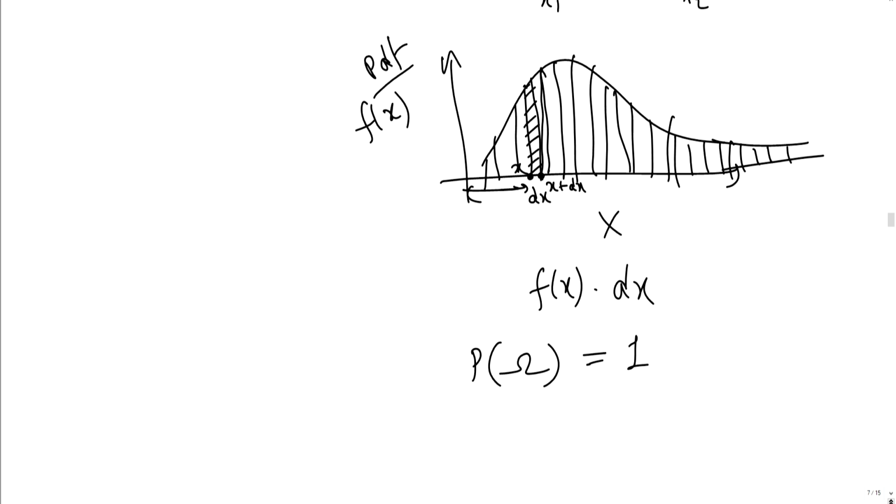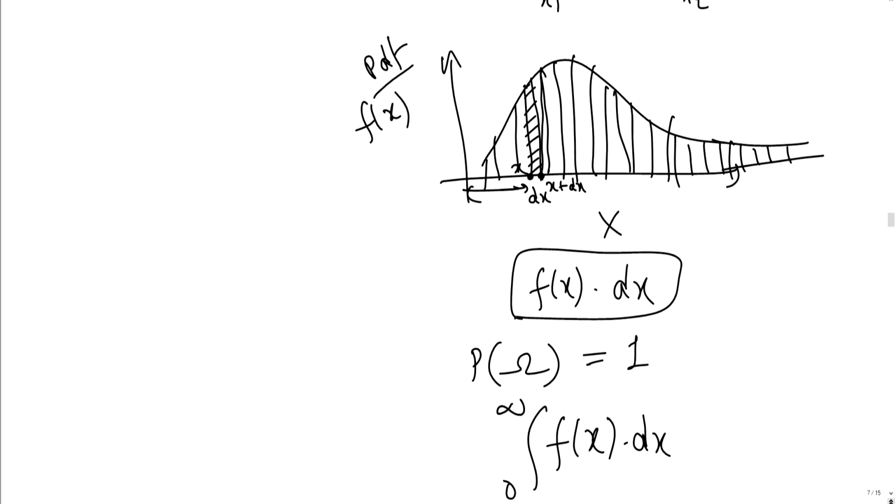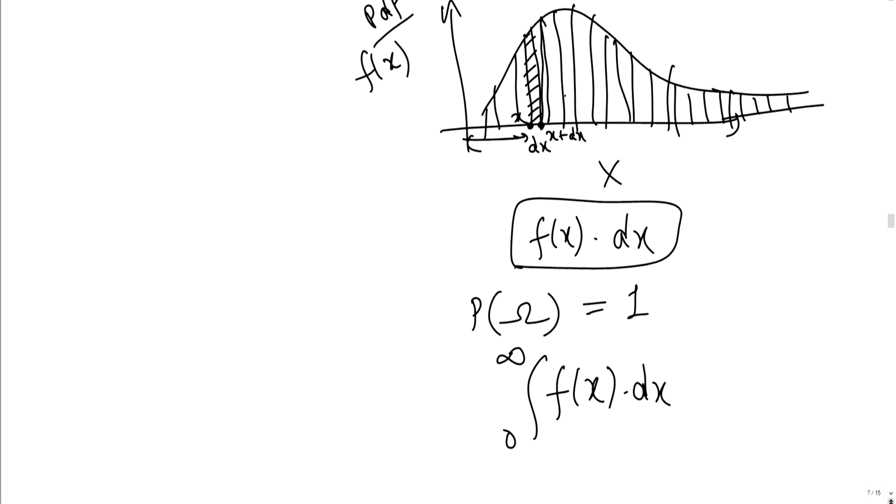Okay. So, if I apply this to all these strips each of width dx, and integrate all these strips from 0 to infinity, I am basically summing up all these areas.